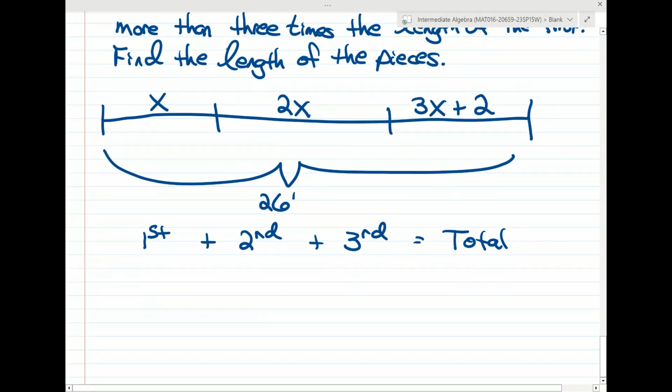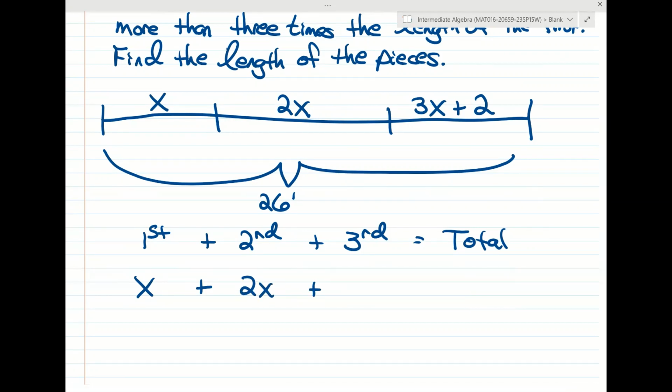We know the first piece is x, the second piece is 2x, the third piece is 3x plus 2, and 26 feet. If we were going to convert that to inches, we should just do 26 times 12 to make sure that we're all using the same units.